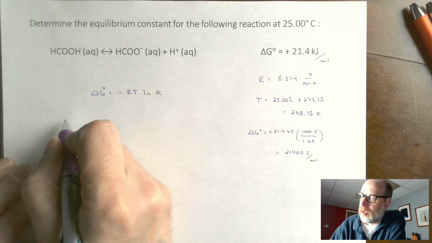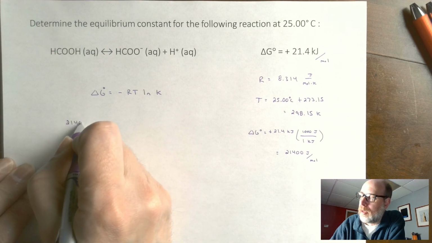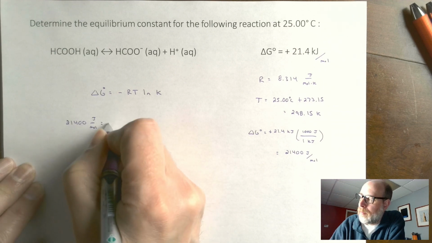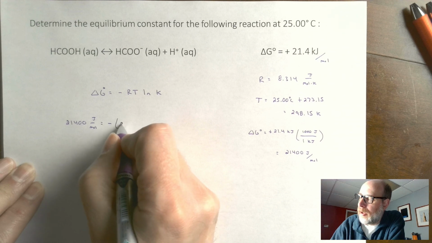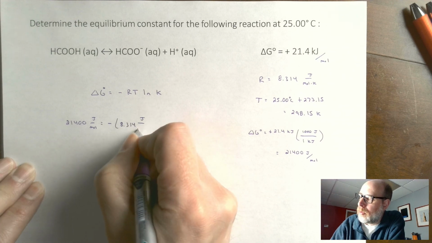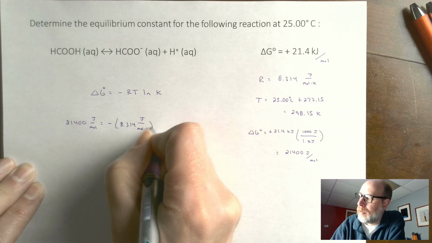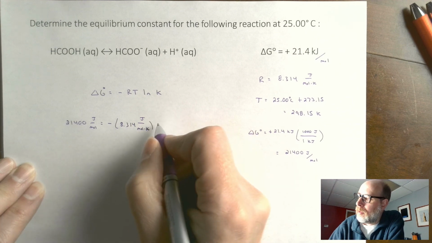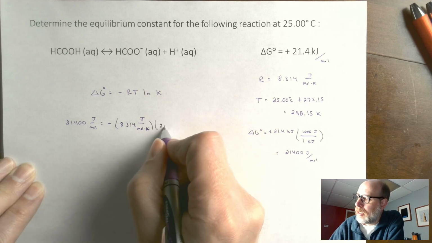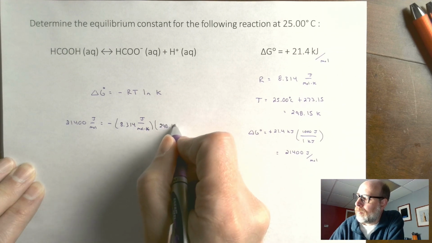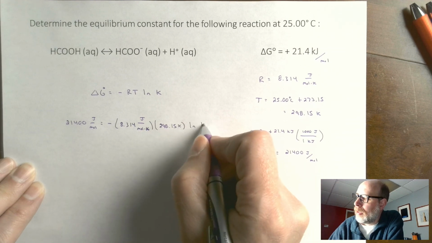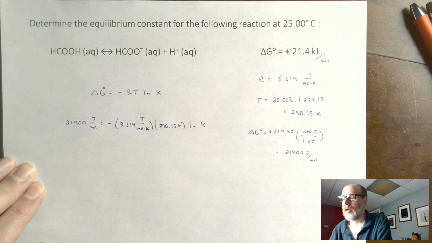So let's just start plugging in. 21,400 joules per mole equals minus the gas constant, 8.314 joule per mole Kelvin. Sorry, my K is not so easy to read there. Times 298.15 Kelvin. And then we have the natural log of the equilibrium constant.